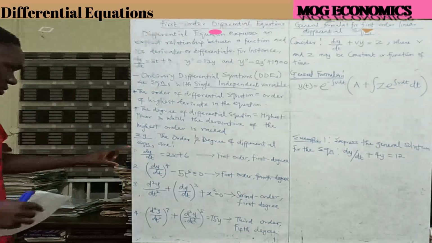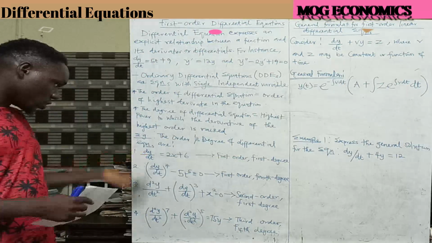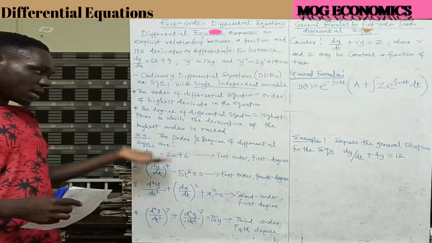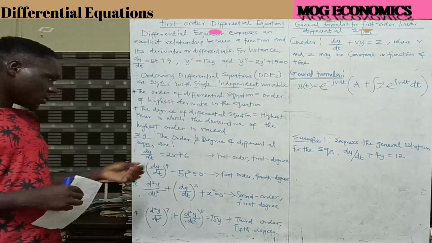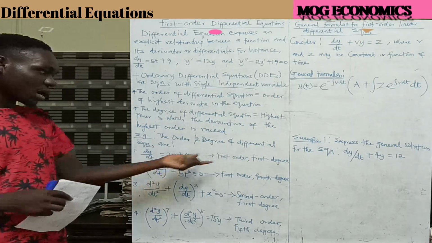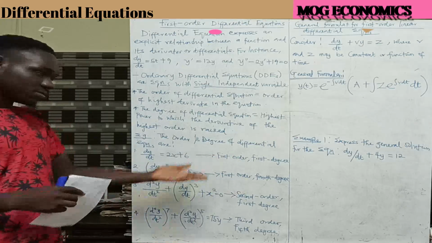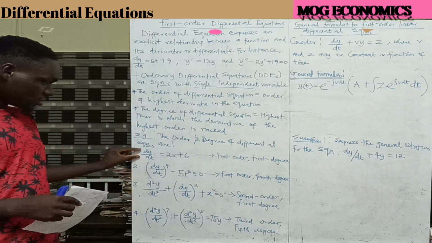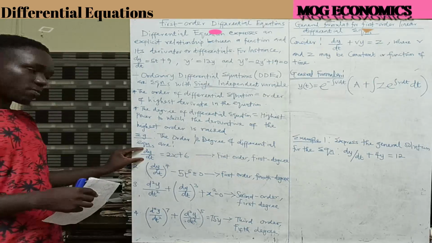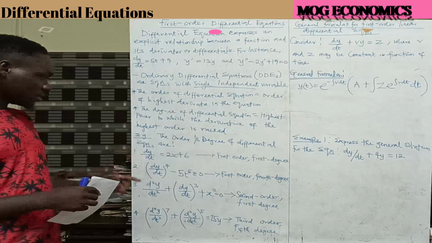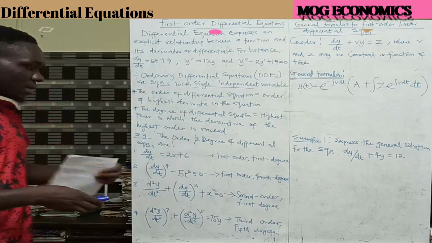Now let's consider these equations. These are differential equations. Now the first one here is a first order and first degree differential equation. This differential is of first order and it is to the first degree. What do we mean by degree?